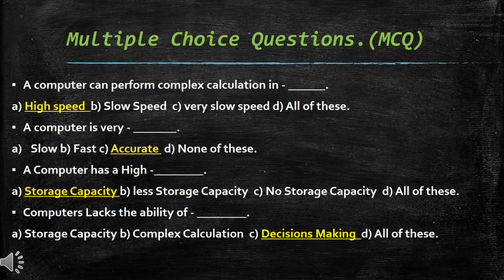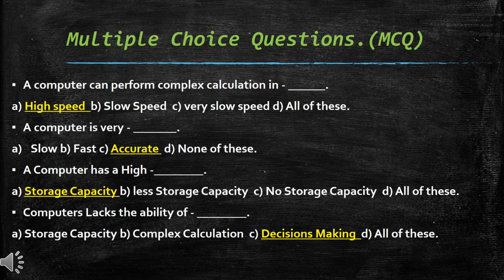Slow, fast, accurate, none of this. Now students, remember, a computer is very accurate unless and until you put the proper numbers in it. If you make mistakes in giving commands, obviously the computer will make mistakes. And if you put the correct numbers, the computer will give you the accurate answer.